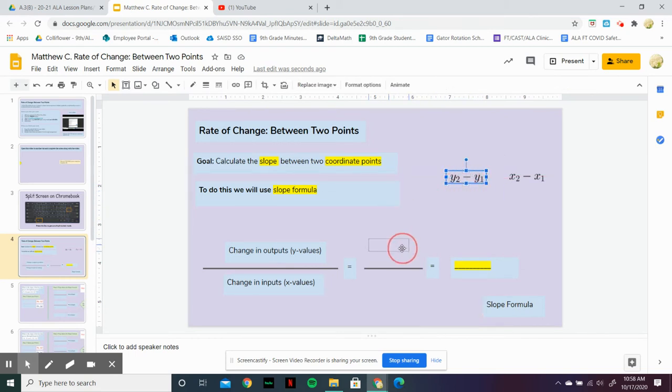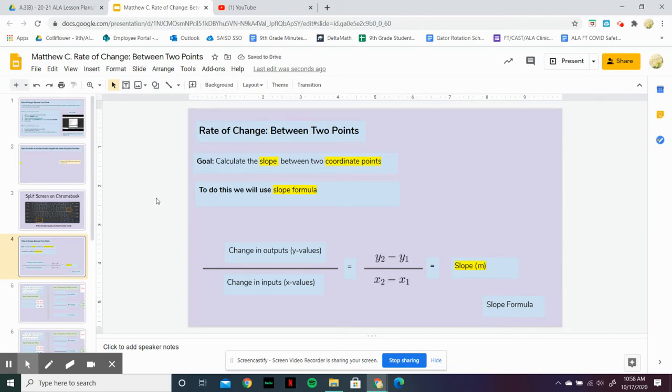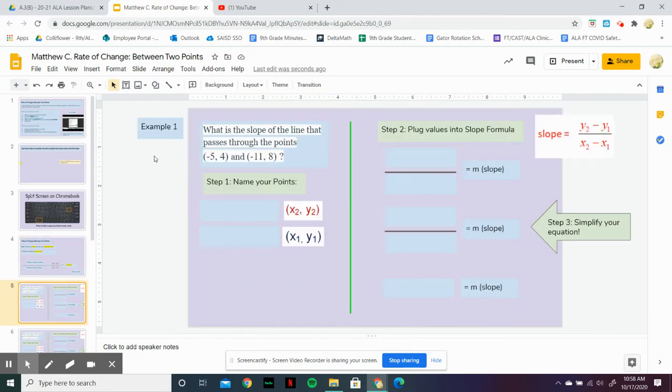And if we have two coordinate points, we would write the slope formula as y2 minus y1 divided by x2 minus x1. And this is equal to slope. And remember, we use the letter m to represent slope. So let's try a couple examples.